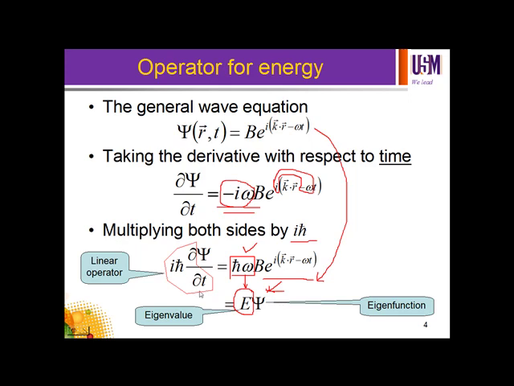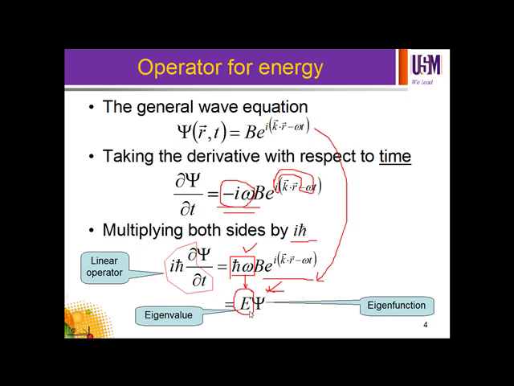So you can see here that your equation now becomes an operator multiplied by psi equal to a value multiplied by psi. This relationship is similar to the Schrödinger equation we have. As a general form, the equation should be an operator multiplied by a wave function equal to a number, which can be a complex number, multiplied by psi.